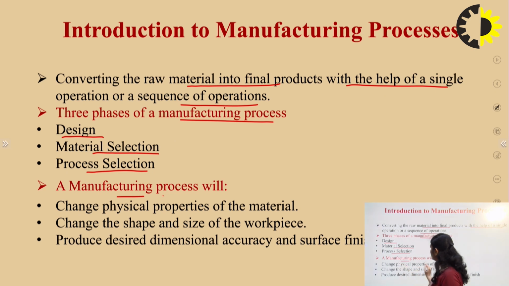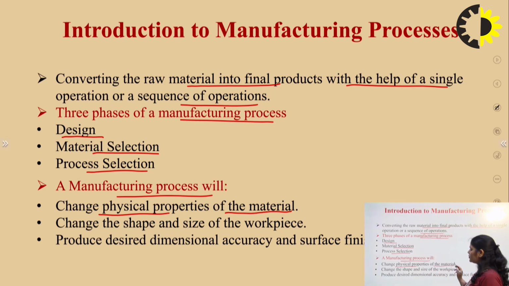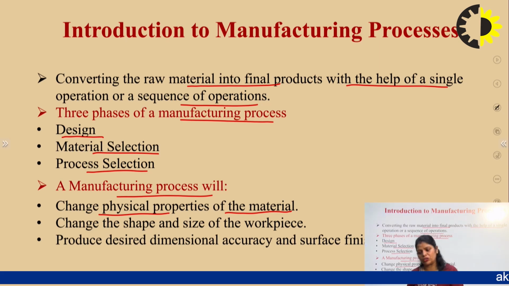Now, when we go through a manufacturing process, there will be some changes. What will be the changes? It will change the physical properties of the material, because it may go through the casting process, the machining process or the joining process. So it will come in contact with different factors which will change the physical property of our raw material or the sub-manufactured part.